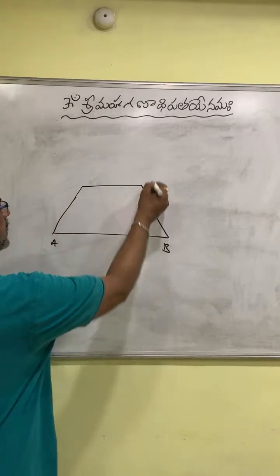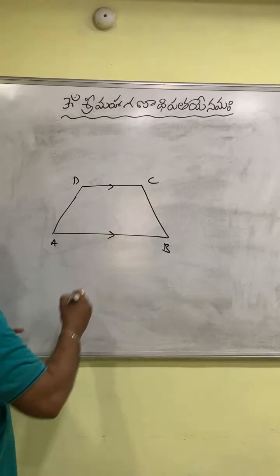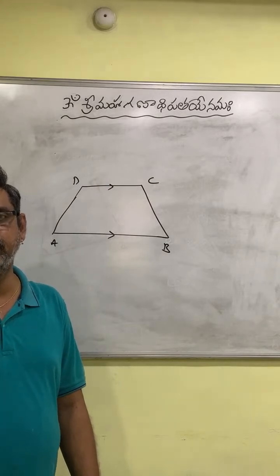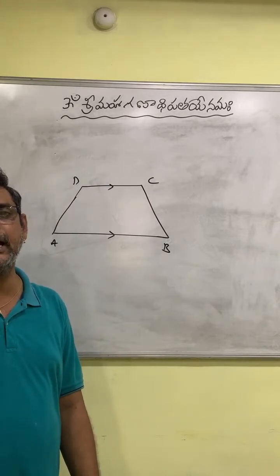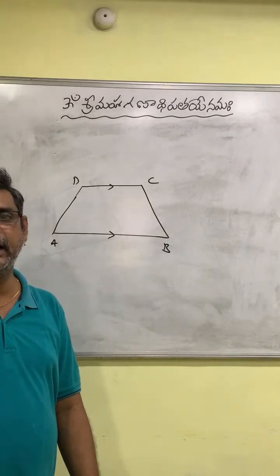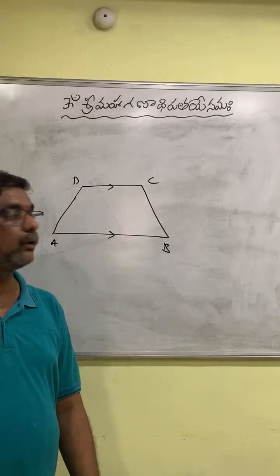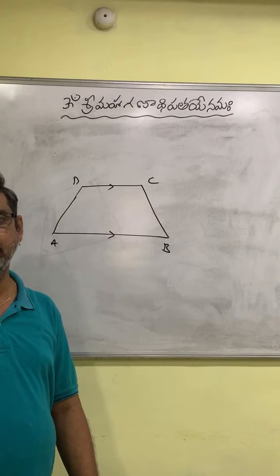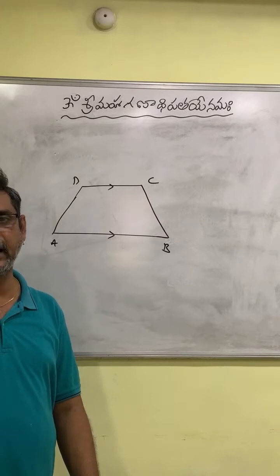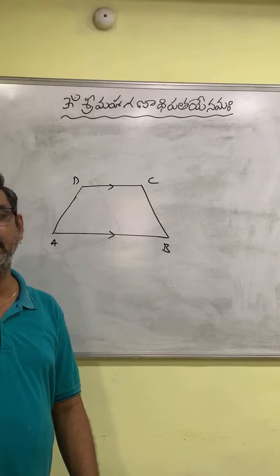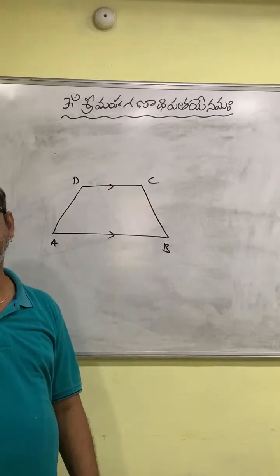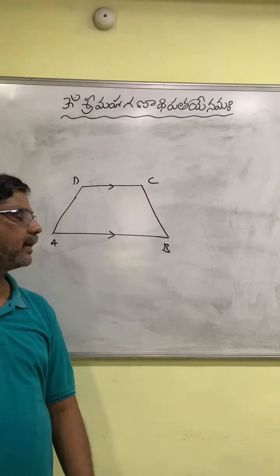A, B, C, D. This is a trapezium. One pair of opposite sides are parallel. The figure that I drew on the board is ABCD where AB is parallel to DC. One pair of opposite sides are parallel. So such a quadrilateral is called a trapezium. Here AB parallel to DC. Okay?